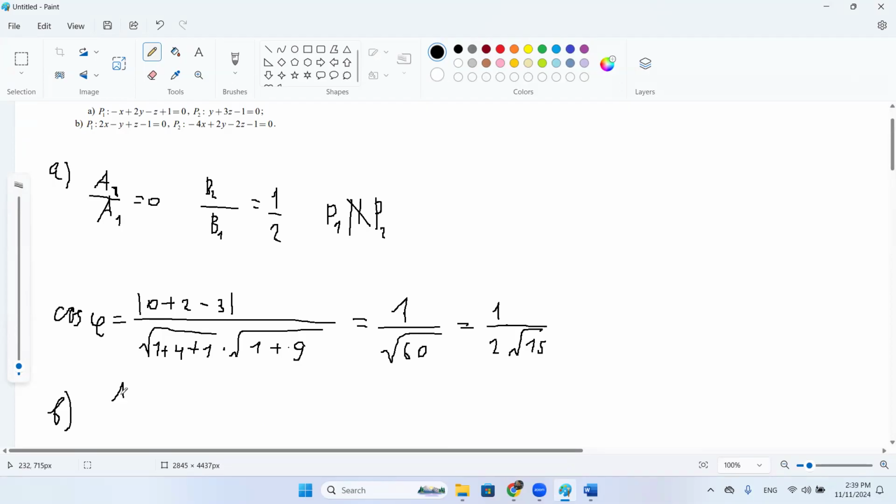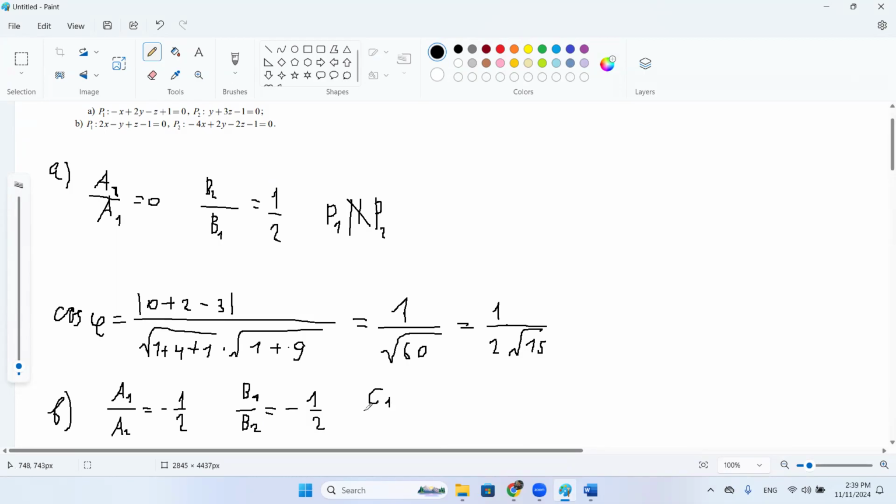Doing the same. A1 by A2 equals minus 1 second. B1 by B2 equals minus 1 second.